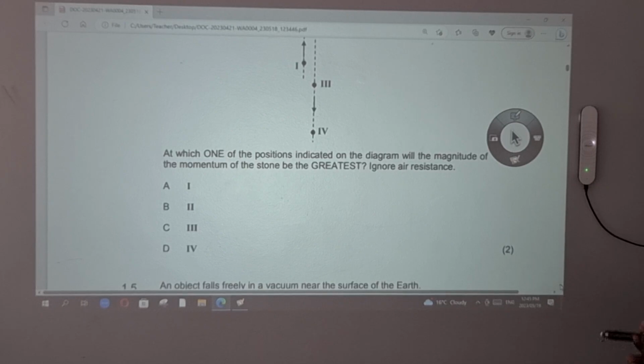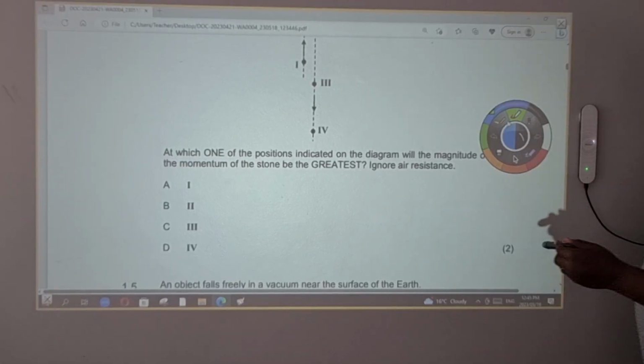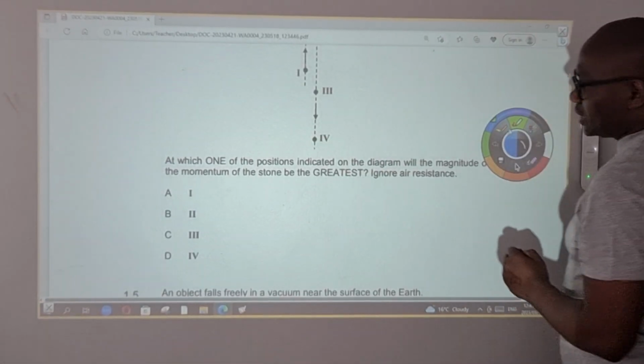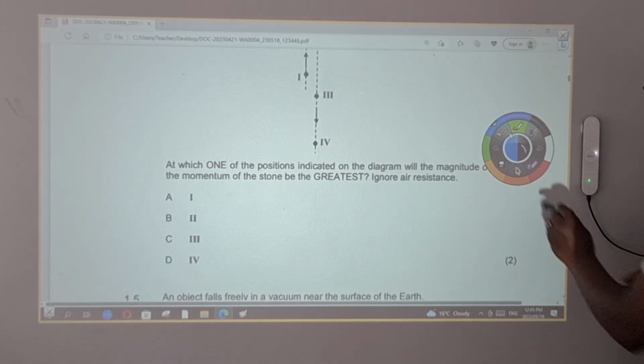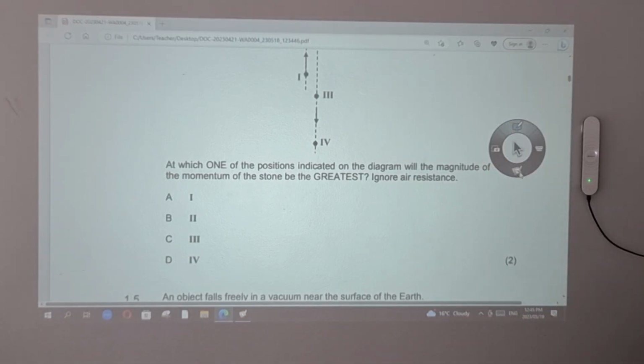So now the examiner is asking which one. Surely it's not at 1, because it's the initial velocity here. Maybe let us move so that we can see our options correctly.